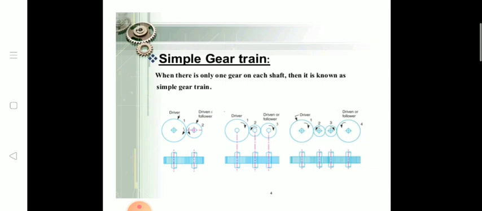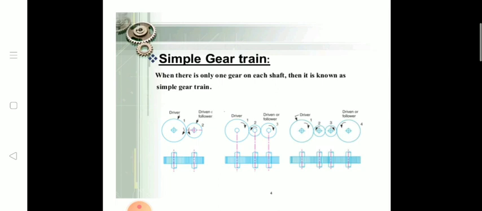In all these gear trains, the axes of the shafts on which the gears are mounted coincide. Where there is only one gear on each shaft, it is known as a simple gear train. The driver gear and driven gear are both meshed with each other.